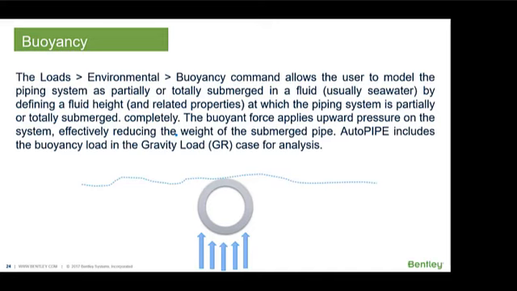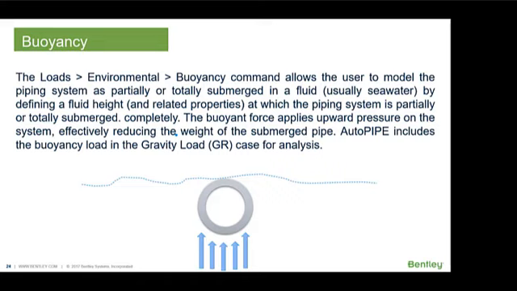Maybe it's not so difficult, but if you have a more complex model, of course, it's really important to have this command in addition. And you consider partial buoyancy or complete buoyancy depending on the system that you have, okay? So I have a line many kilometers long, for example, and a part is buoyant or not, okay?